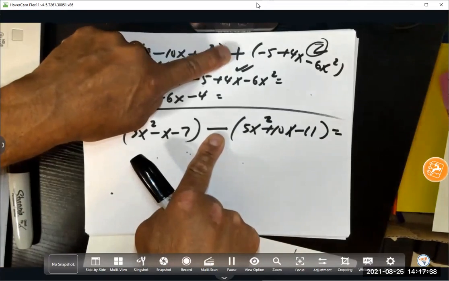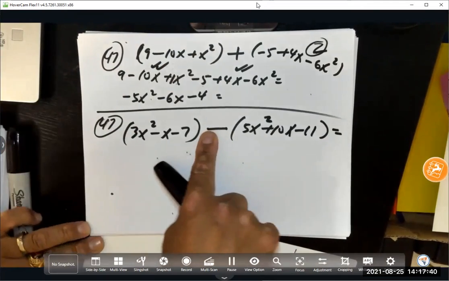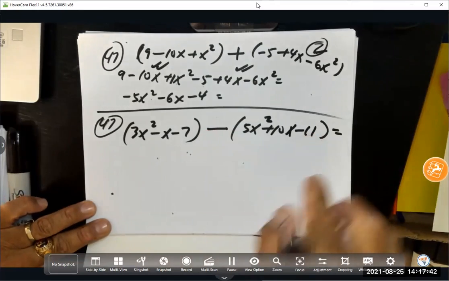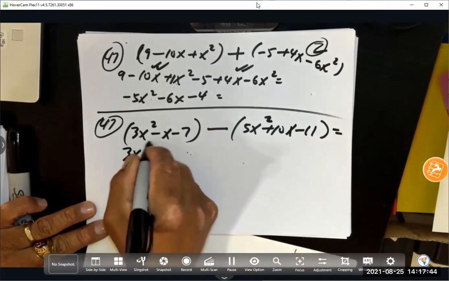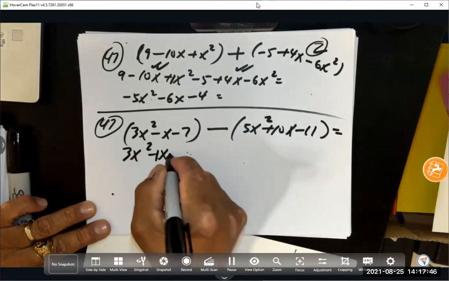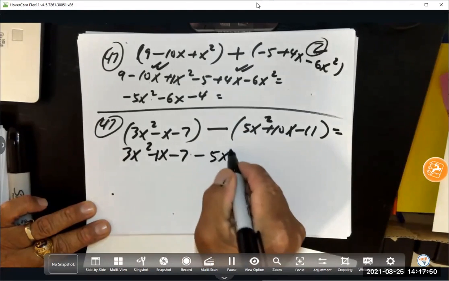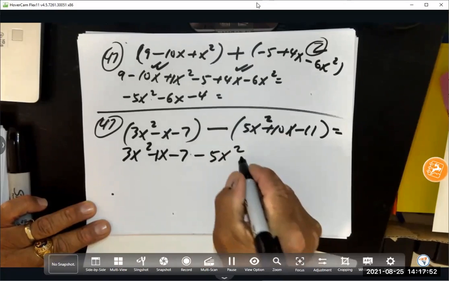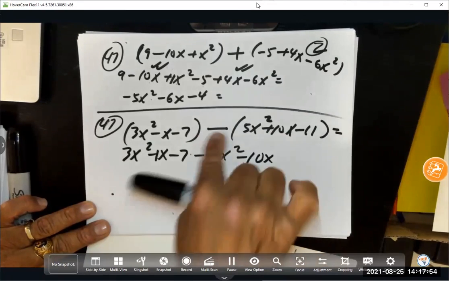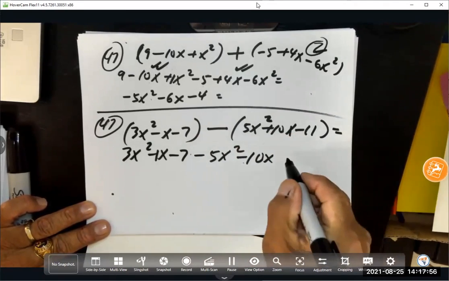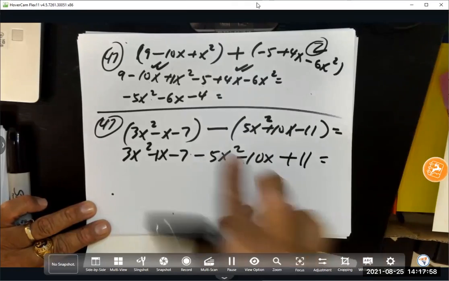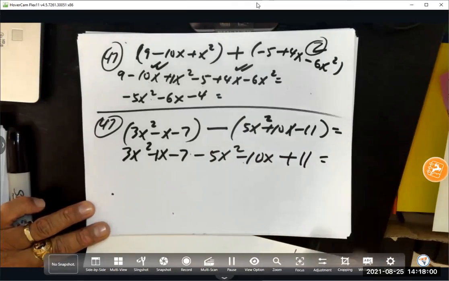That means this is going to change all of those. Let me write it out to make sure you get it. Negative of this, now it's a negative. Negative of a positive, now it's a negative. And the negative of a negative is a positive 11. Do you see I switched the signs on all of these?